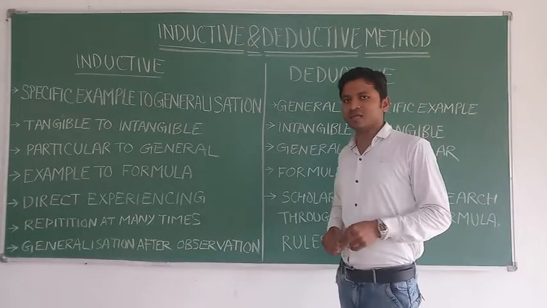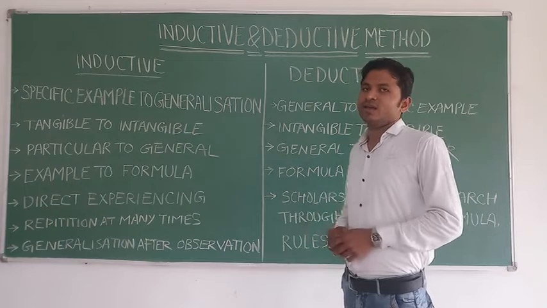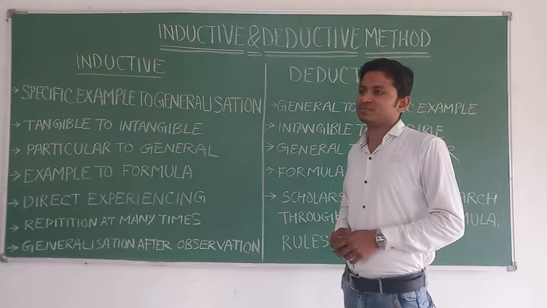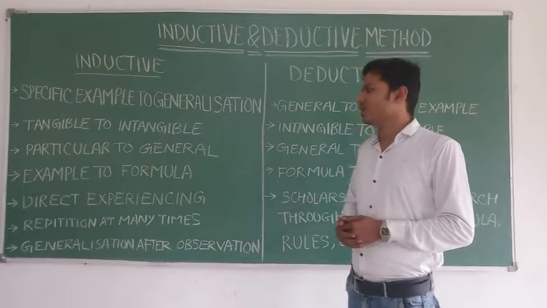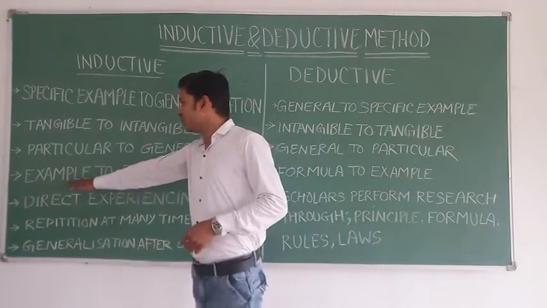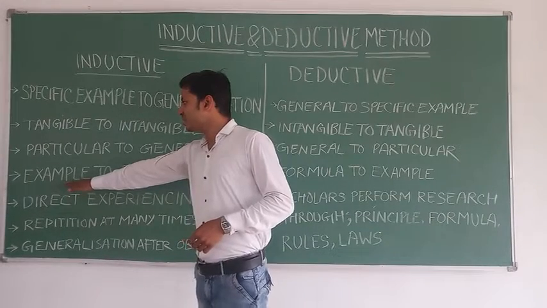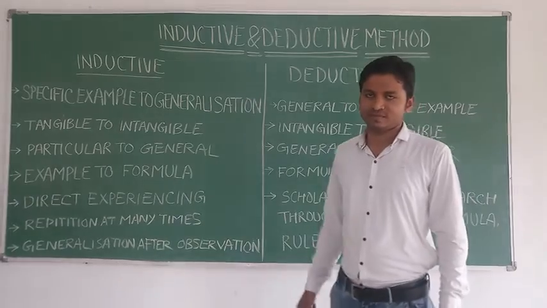Remember the example which we are discussing? The foreigner is studying Indian society, whether the Indian society is vegetarian or non-vegetarian. So that person has gone through the examples and he developed a formula.